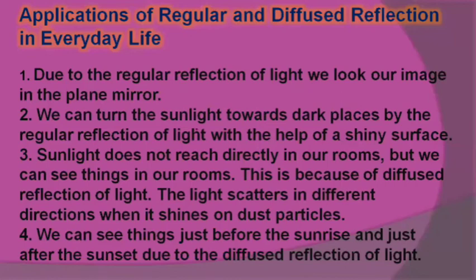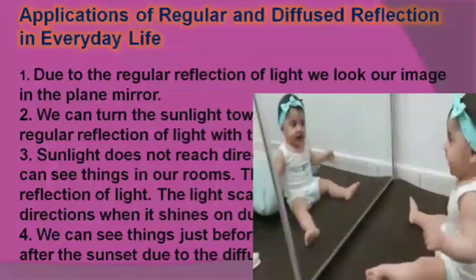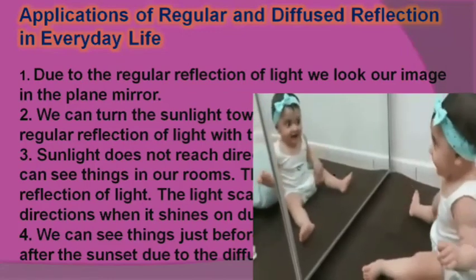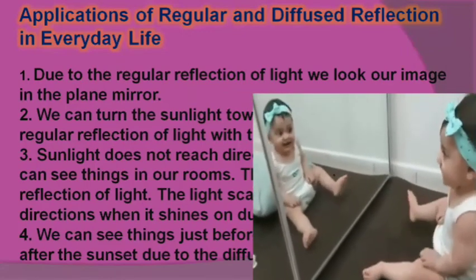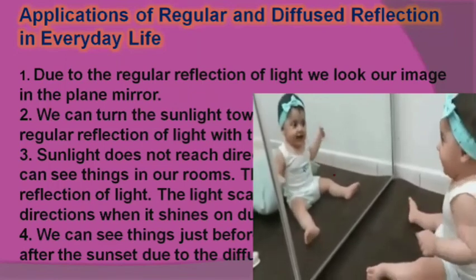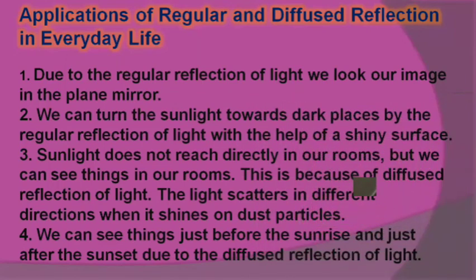In our daily life, regular reflection of light is seen when we look into the mirror, because this is a plane surface. Wow, the baby is enjoying looking at its reflection in the mirror. We can turn sunlight towards dark places by regular reflection with the help of a shiny surface.